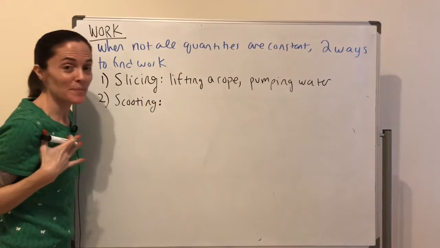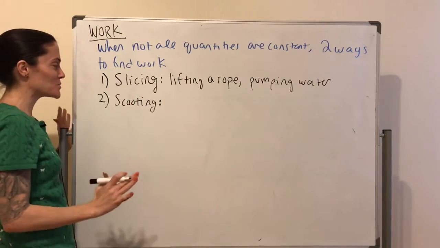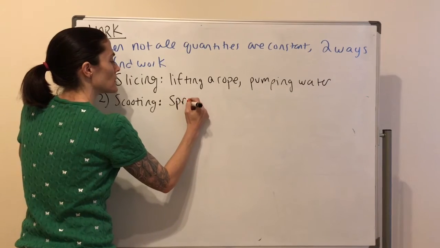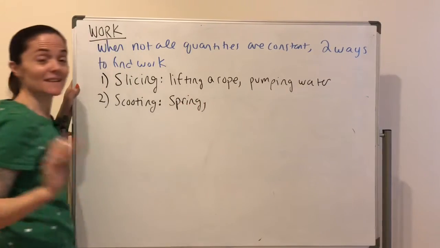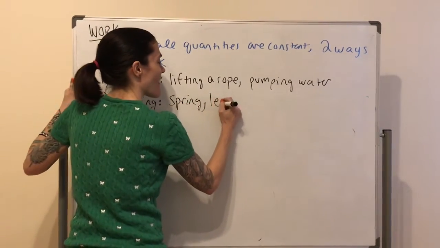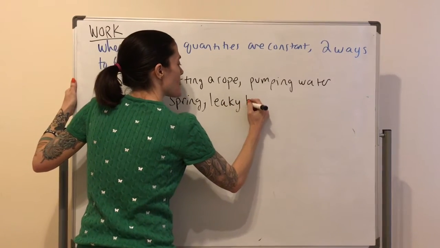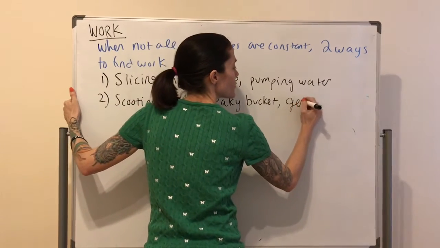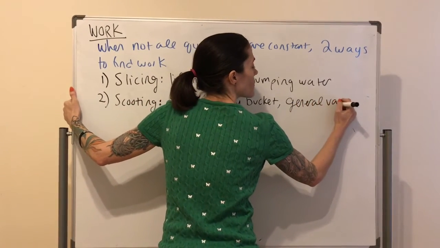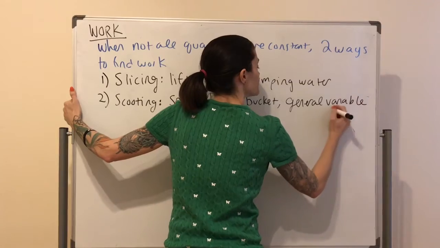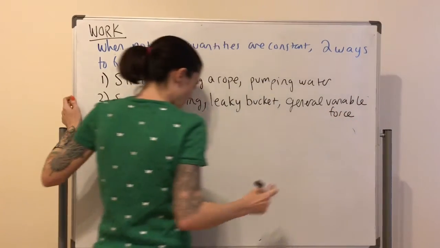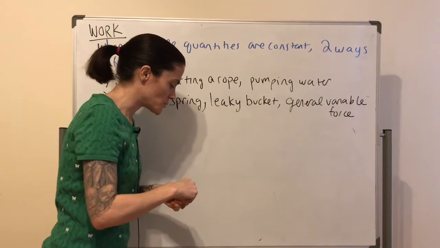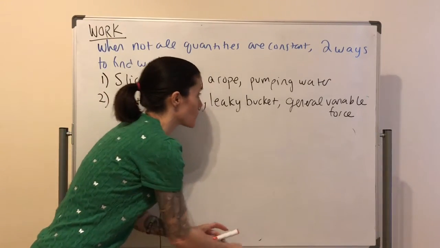For scooting, I scoot when it's a spring. I scoot when it's a leaky bucket. And I scoot for general variable force. This is my personal way that I do them, and these are the types of different work problems I have.